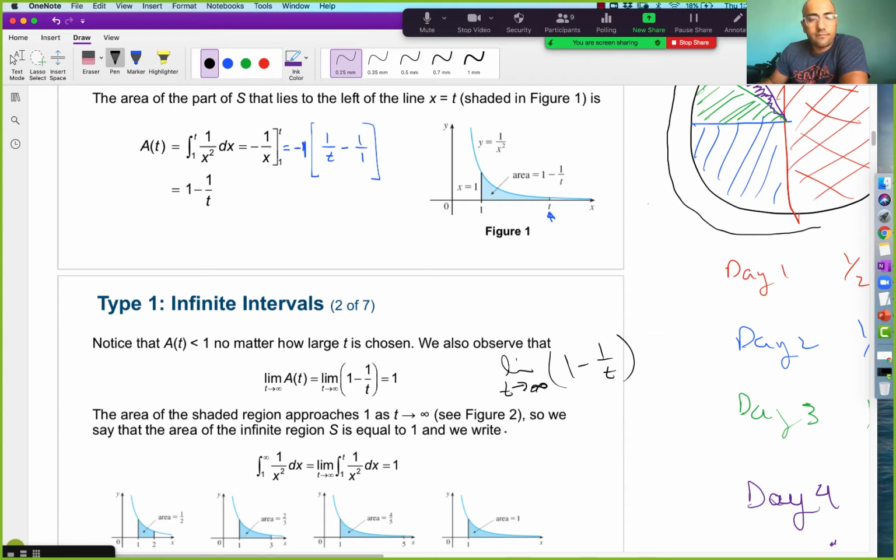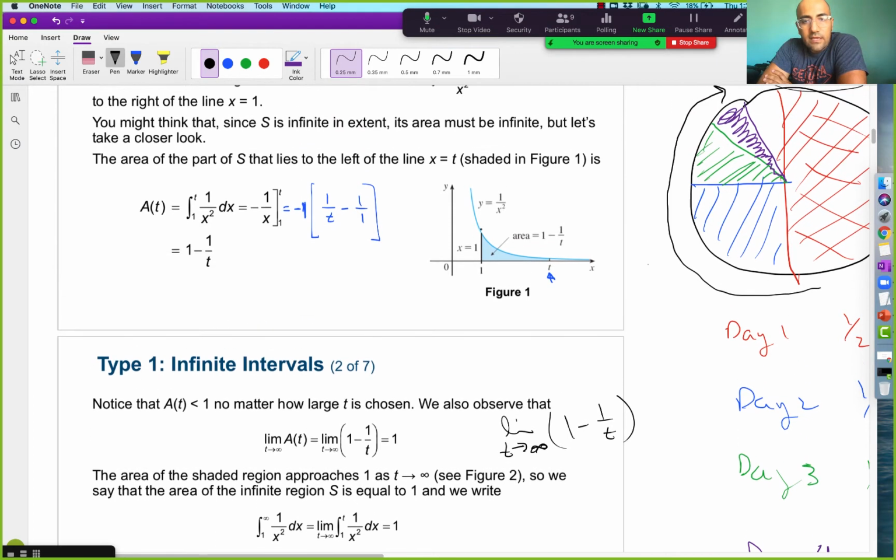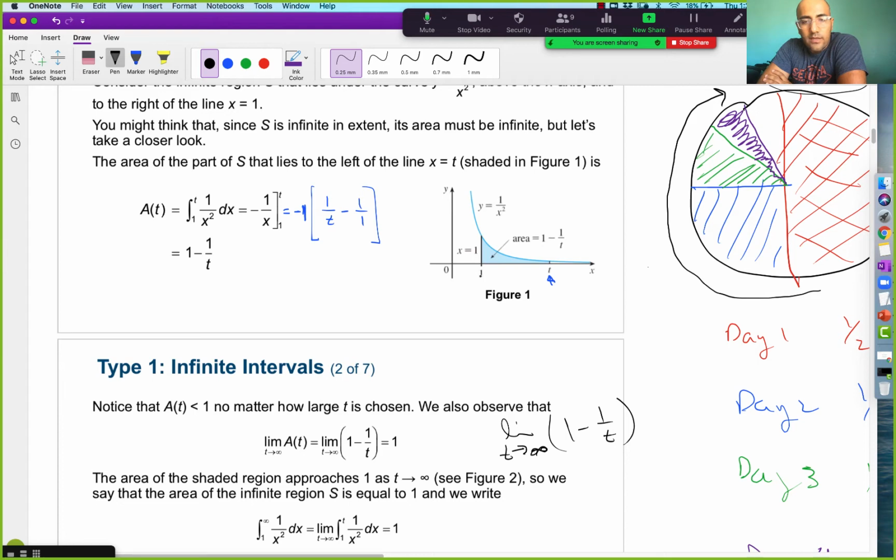Questions? Hello, Professor? Yes. So t cannot equal 1? T cannot equal 1. Oh, okay. So we're finding the area between 1 and something over there. If we let t equal 1, we're going to get a 0. It would just be the integral from 1 to 1 of this, so we would just get a 0.